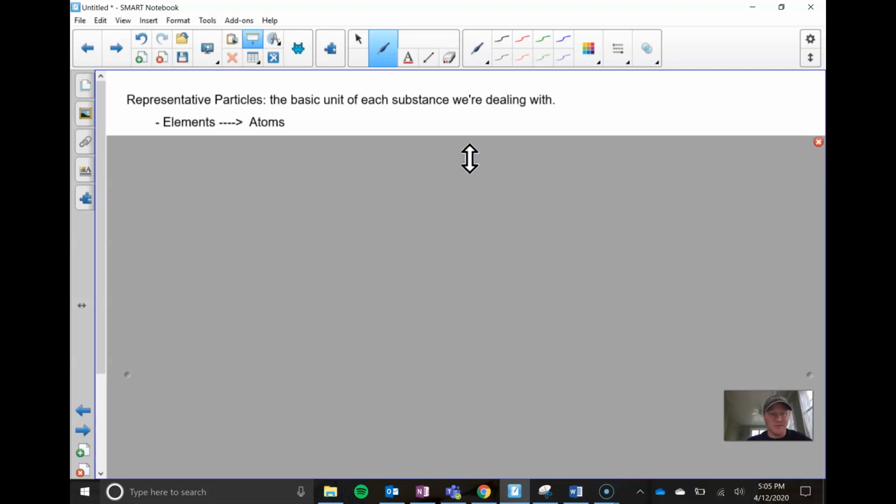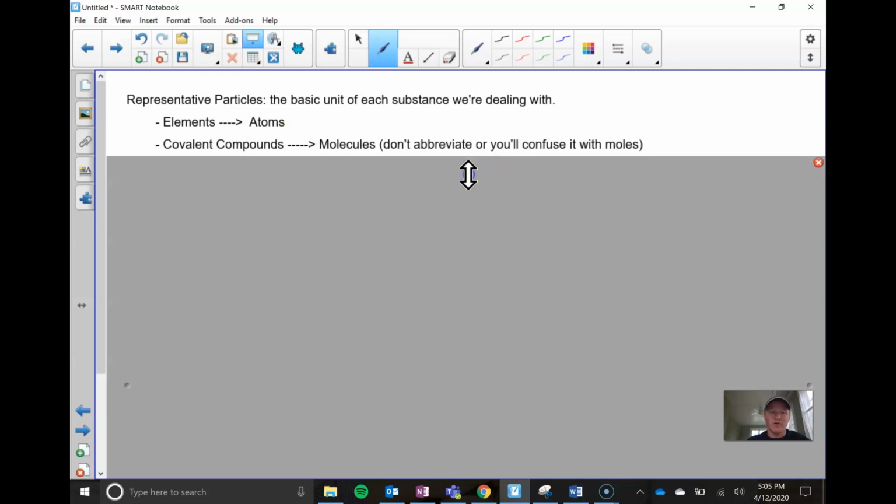Well, those are atoms. So the representative particle of an element is an atom. If we're dealing with covalent compounds, as we talked about weeks ago, we deal with molecules. So the representative particle of a covalent compound is a molecule. And don't abbreviate molecule because you'll get it confused with moles.